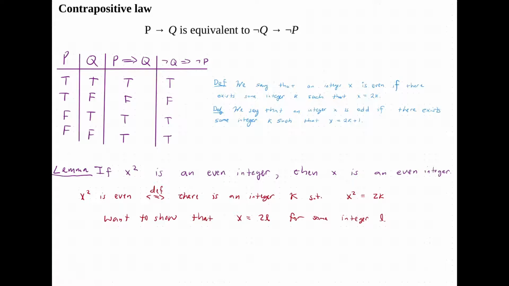As it stands, we are incapable of proving this, because in order to do so, we would require taking a square root or having knowledge of unique prime factorization, which we will prove later in the course. And so at this moment, this lemma cannot be proven. But if we use the contrapositive law, then we can prove it. So we can't do this approach just yet.